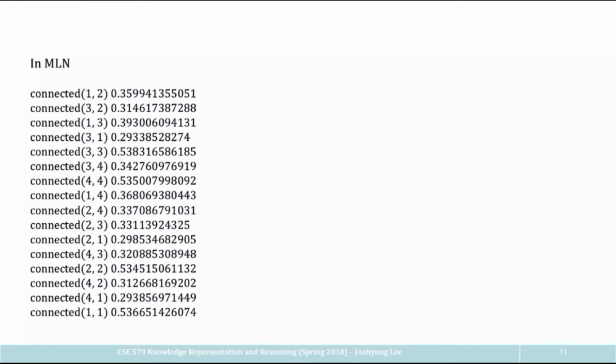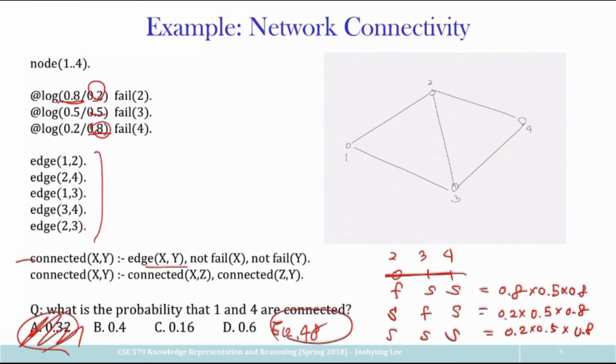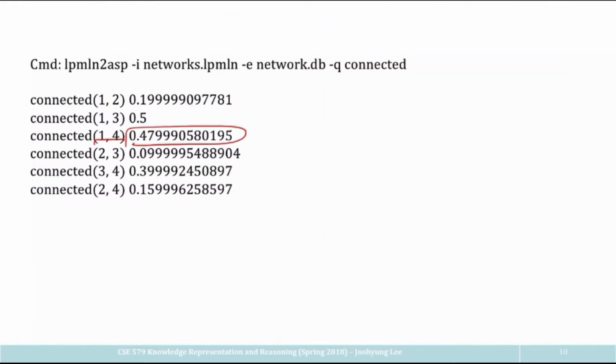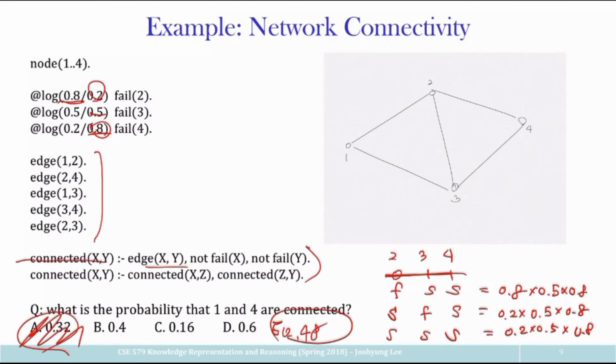Okay? Now something is actually unintuitive because here, according to this recursive rule, we cannot connect 1 to 1, for instance, because there is no edge from 1 to 1. So connected 1 to 1 cannot be derived from the program. But according to Alchemy, the head can always be either true or false.